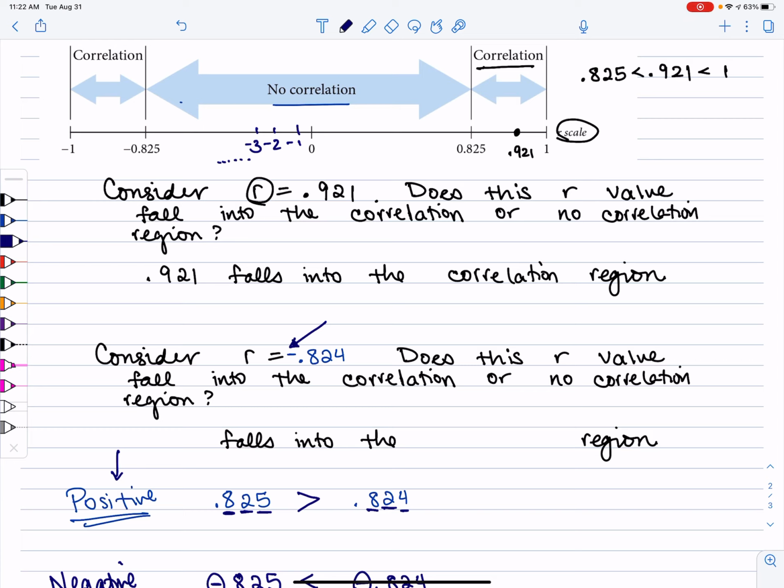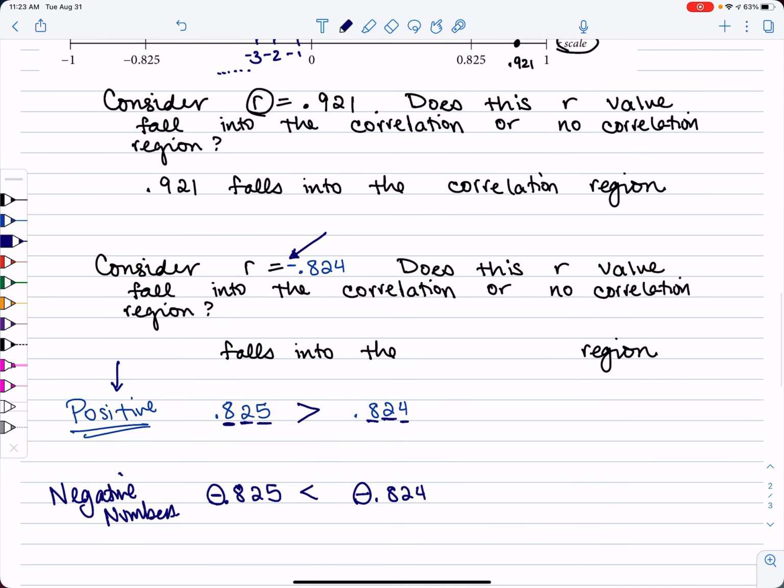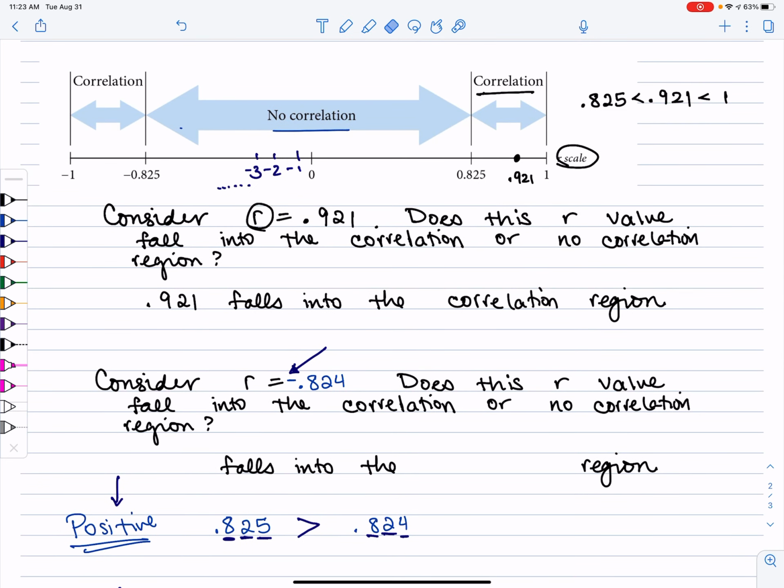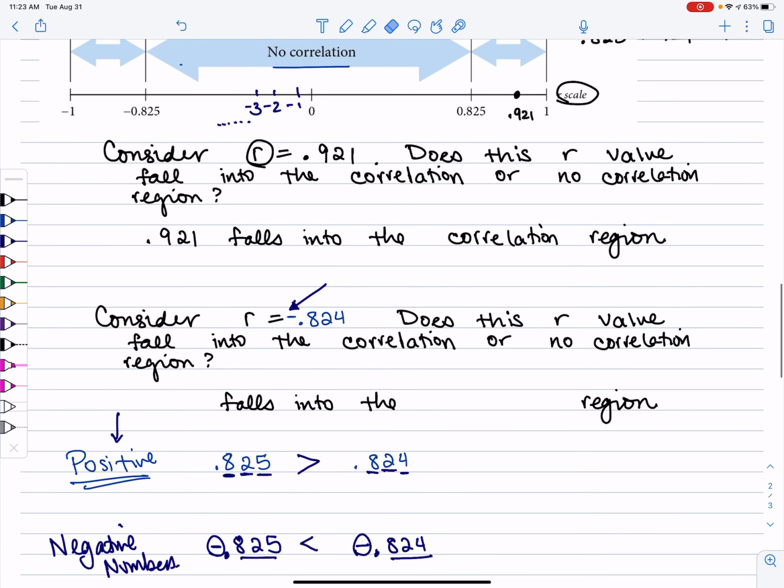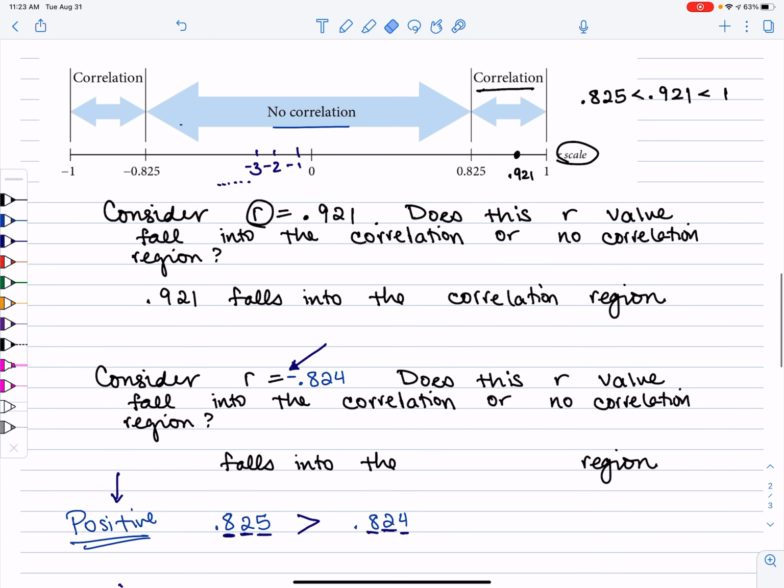So I was talking about the negative numbers, and what happens if we have a negative 0.825 and a negative 0.824. So if we come back to the number line, negative 1, negative 2, negative 3, and you continue, okay? If we're talking about just whole numbers, a negative 824, so somewhere over here, a negative 824 is greater than a negative 825.